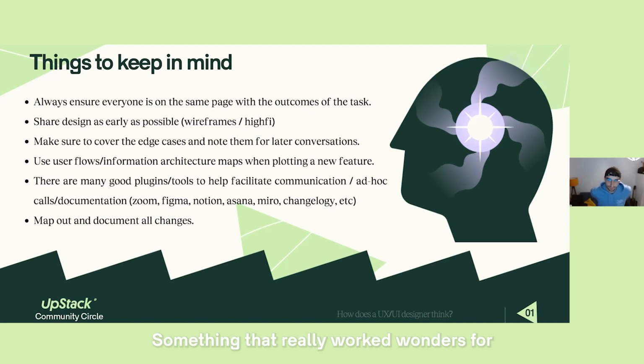Something that really worked wonders for my design team at Big Interview right now is, as we design things on a daily basis, we keep a change log. This has heavily been borrowed from the engineering Git flow mindset or framework, and we introduced that to our workflow, because we need to understand what we changed among ourselves.